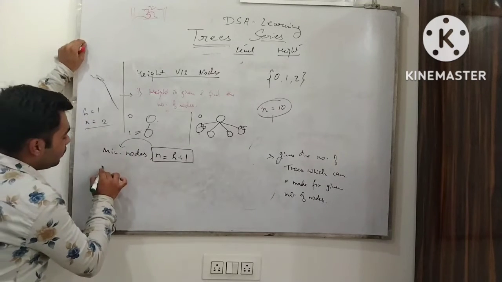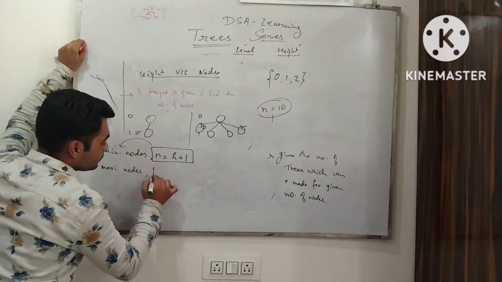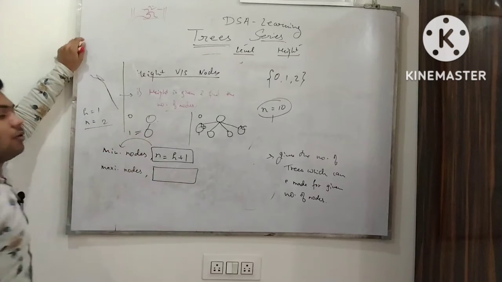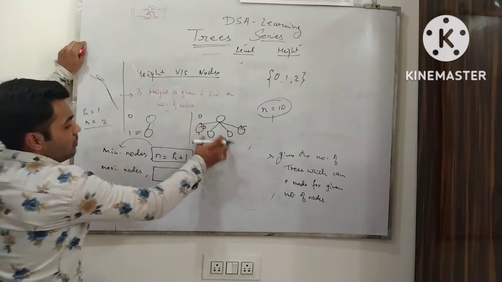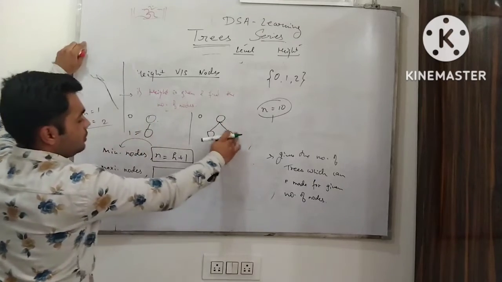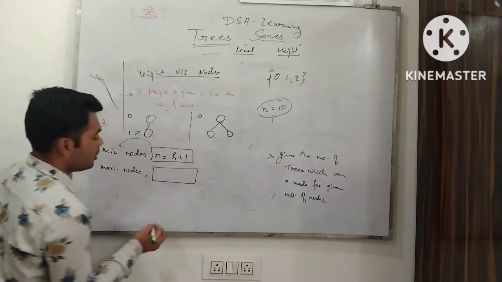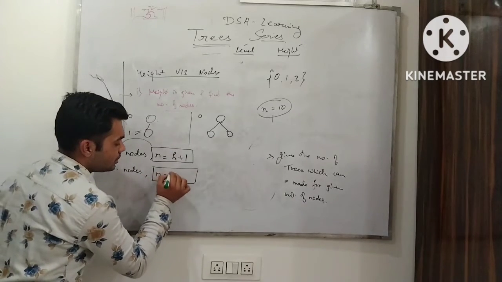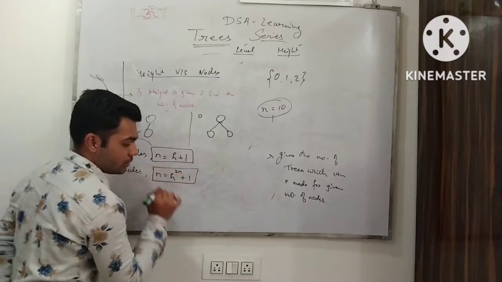Similarly, for the maximum number of nodes, what are we getting? The formula, I will write it, otherwise you can get confused. For the maximum number of nodes the formula is 2 to the power h plus 1 minus 1.